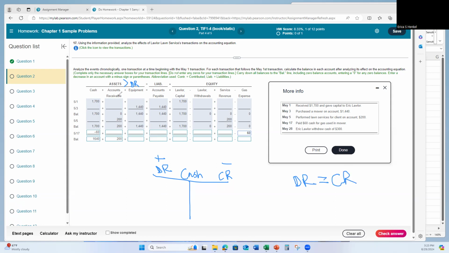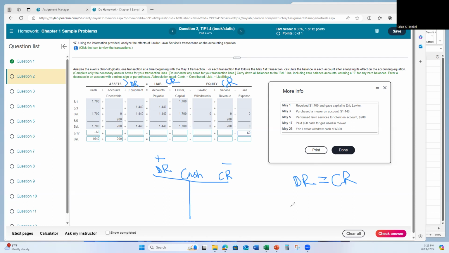So just like in our accounting equation, the assets have to equal the liabilities plus equity. When we make journal entries, our debits have to equal our credits. So the normal balance of an asset account is a debit, and the normal balance of a liability account is a credit. Also, the normal balance of an equity account is a credit, okay?